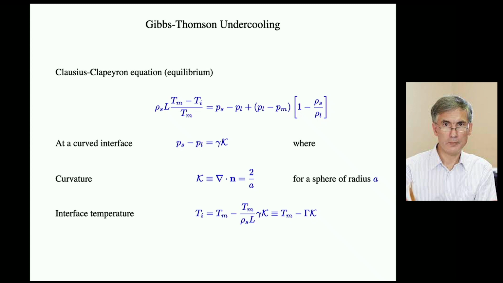So let me just do two very quick checks on you. Think about the Earth's core, which is mostly iron. Iron has a larger solid density than liquid density, so this term is negative. The pressure at the center of the Earth is much higher than atmospheric pressure, and so this gives you a depression. It raises the freezing temperature.